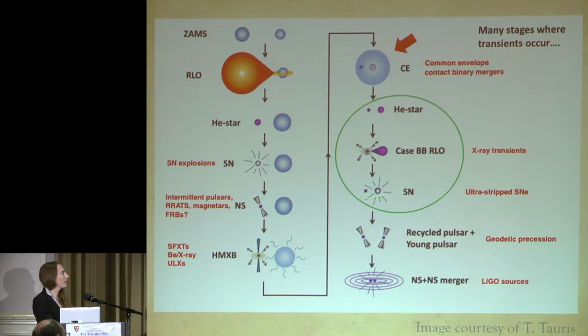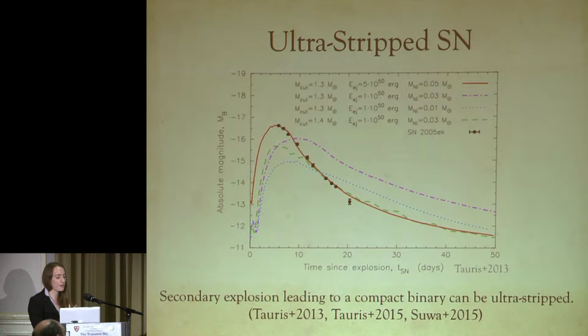This star will eventually explode as a supernova itself, and these lead to binary neutron stars, which eventually will be LIGO sources. Since the publishing of some of this work, there have now been several models for what this second ultra-stripped supernova will look like, and you can get models that resemble the objects we're seeing quite a bit. So we may now be entering the regime where our surveys are starting to probe and actually observe these types of events that we know must occur.